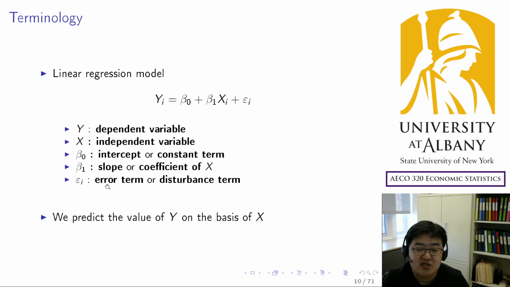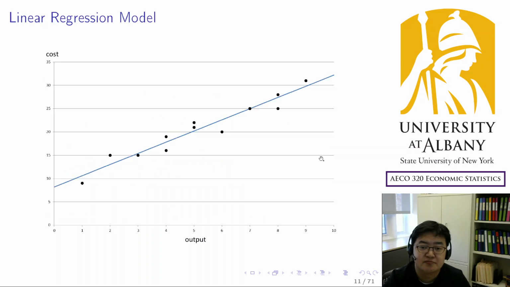And epsilon is the error term, or the disturbance term, or noise. Different fields use different terms, but usually it's pretty intuitive what it refers to. As I said, the final goal is to predict the value of y on the basis of x, so finding their relationship is what we want to do.